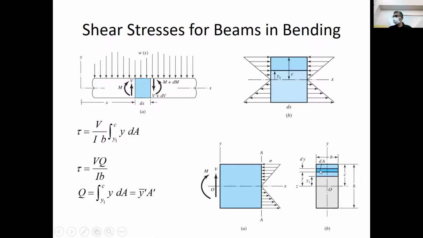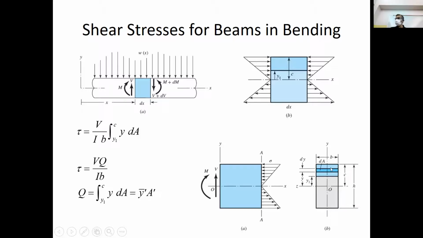So let's say I want to calculate the shear right here, at a distance y1. We cut and look at this shaded blue area and find the moment of that shaded blue area with respect to the neutral axis. The shaded blue area is known as A prime.